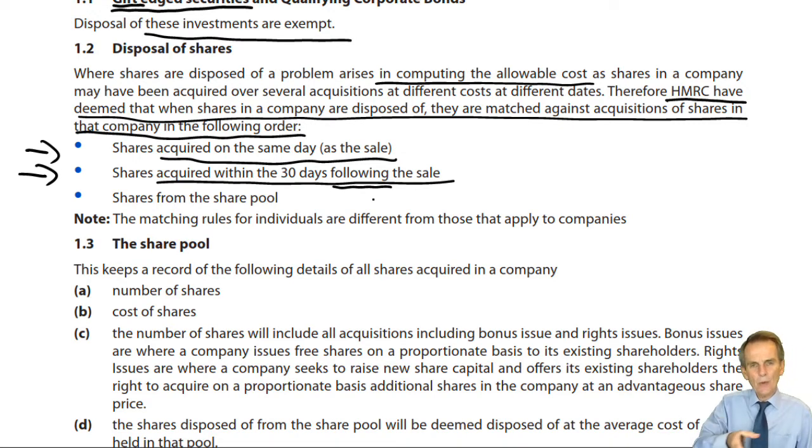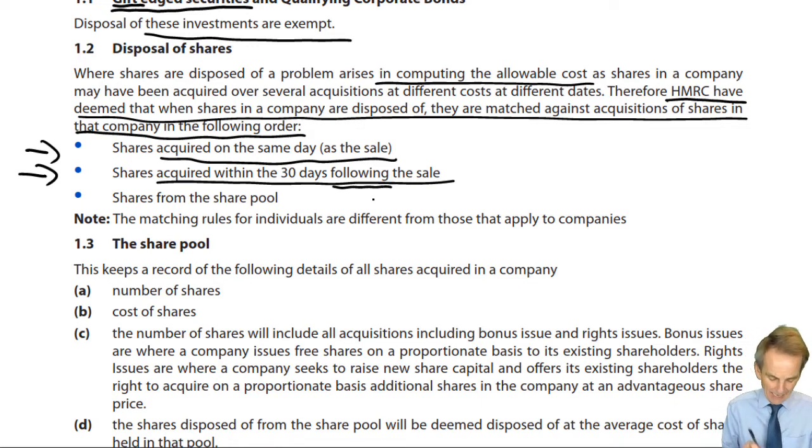So shares that we haven't yet bought that we go on to buy within the next 30 days will be looked at prior to going back in time, which you would have thought was your obvious first port of call, to look back over those acquisitions that we had had, whether there was 2, 3 or more of them in the past, and somehow or other work out what cost of the shares now being disposed of will be allocated to this particular disposal.